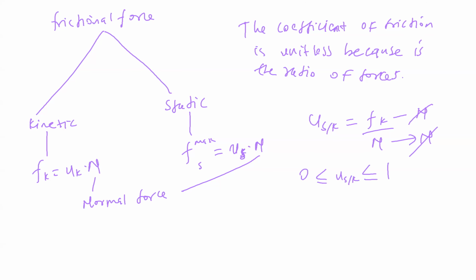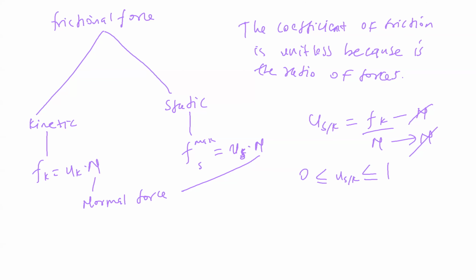Why can't it be greater than 1? The coefficient of friction is always less than 1.